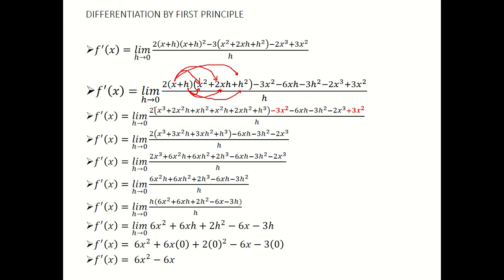And it gave me all of this. Please note that this 2 is still outside. I have not touched it at all.